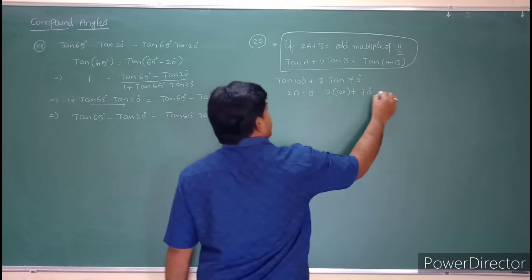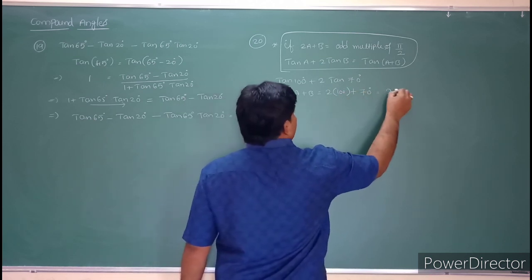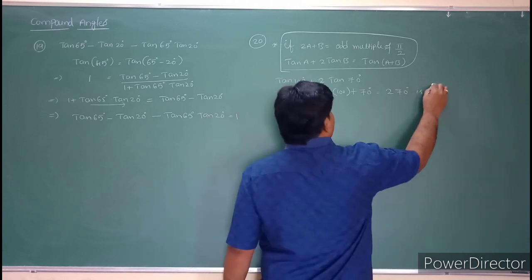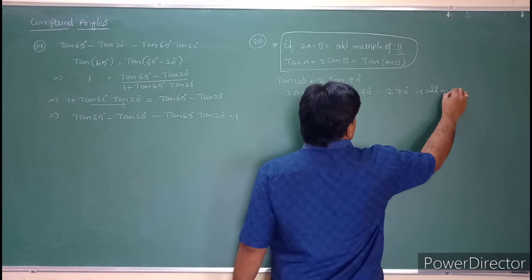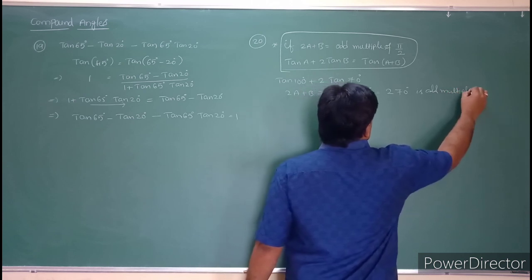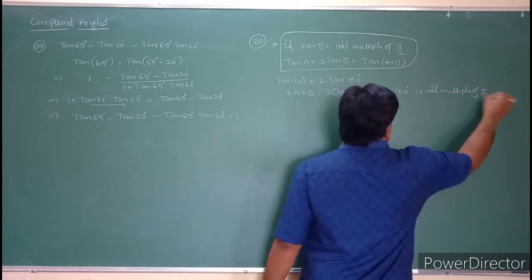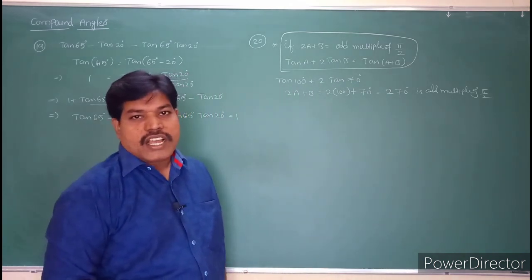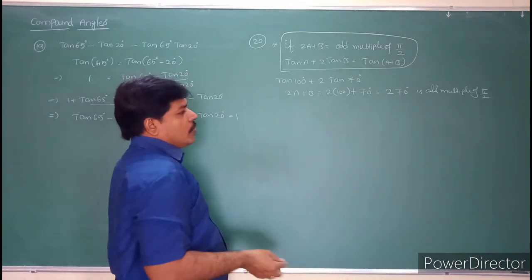So 200 plus 70 will become 270 degrees, which is an odd multiple of pi by 2. Why? Because 270 is nothing but 3 pi by 2. Yes or no? So it is an odd multiple of pi by 2.